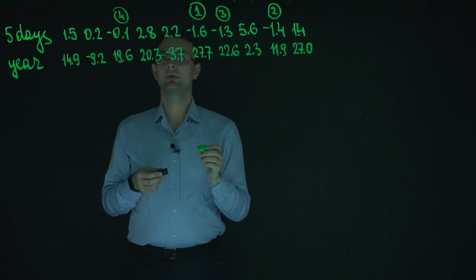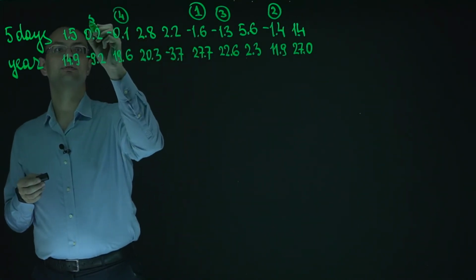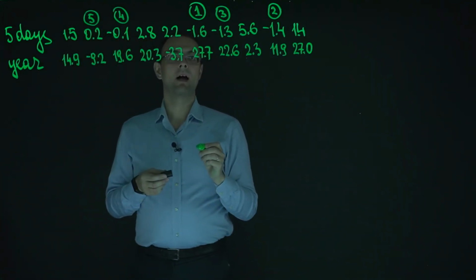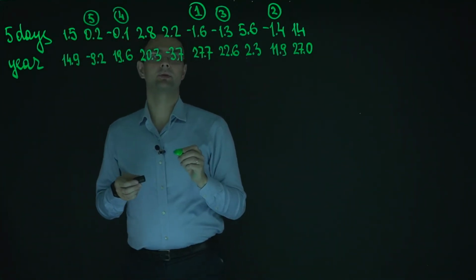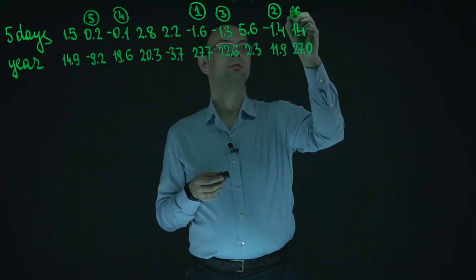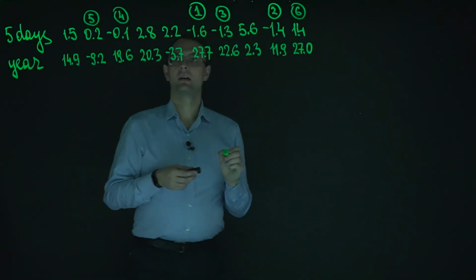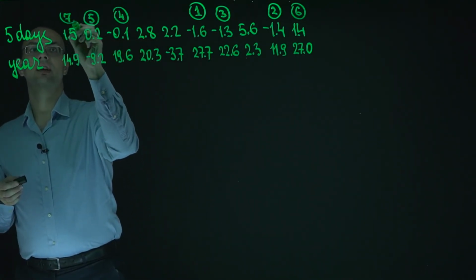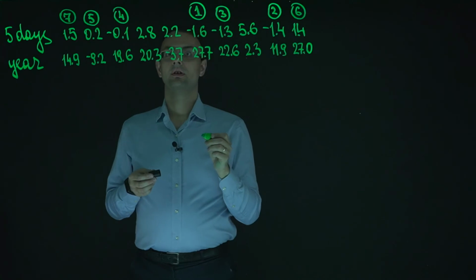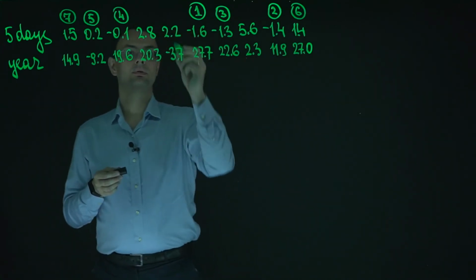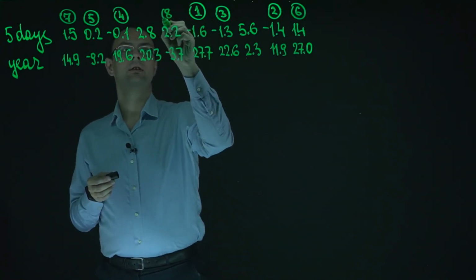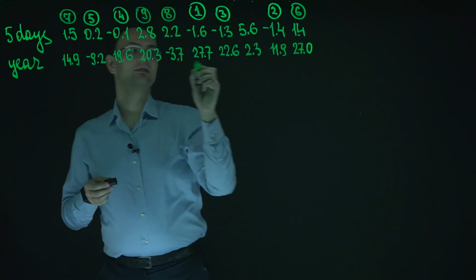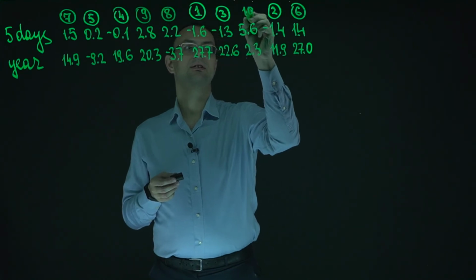Then 0.2, rank 5. Then 1.4, rank 6, then 1.5, rank 7, then 2.2, rank 8, 2.8, rank 9, and 5.6, rank 10.